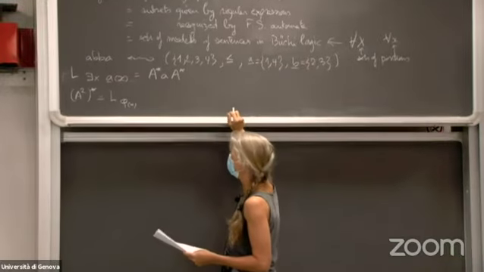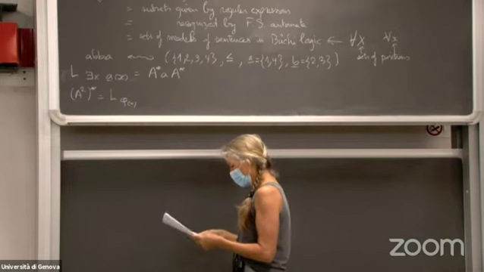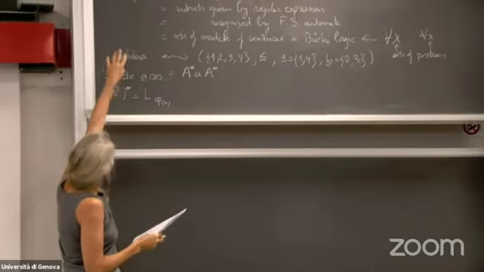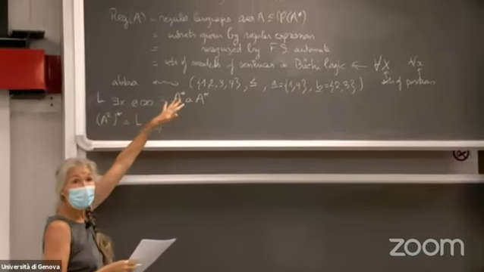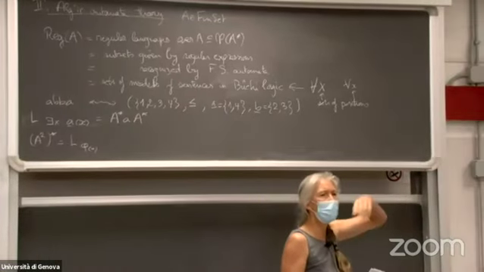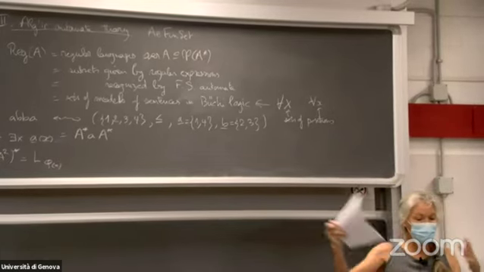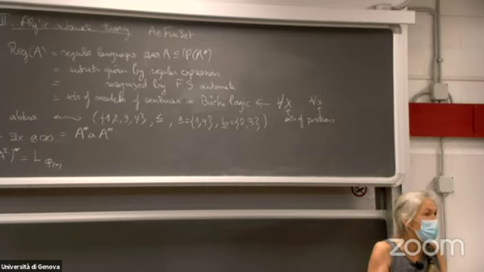Okay, so those are regular languages, and so what? Computer scientists study this class of languages because they correspond to automata. And in fact, they also want to understand how complicated the automaton has to be. There can be many different automata giving the same language, that is computing the same thing.